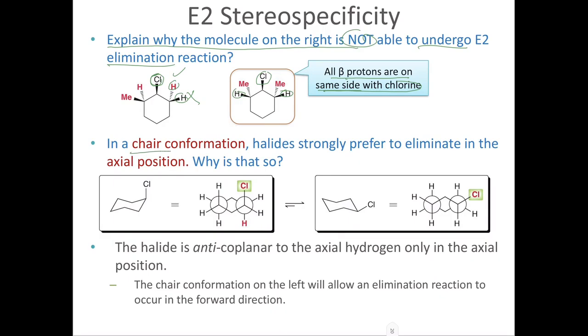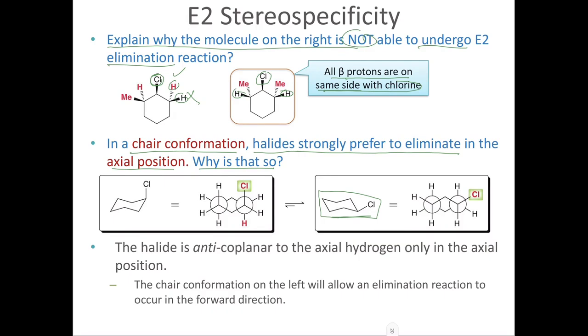In a chair conformation, the halides strongly prefer to eliminate in the axial position. Why is that so? We recommended before that when you have a bulky group, it needs to be in the equatorial position. This is the preferred position for the compound to be stable.